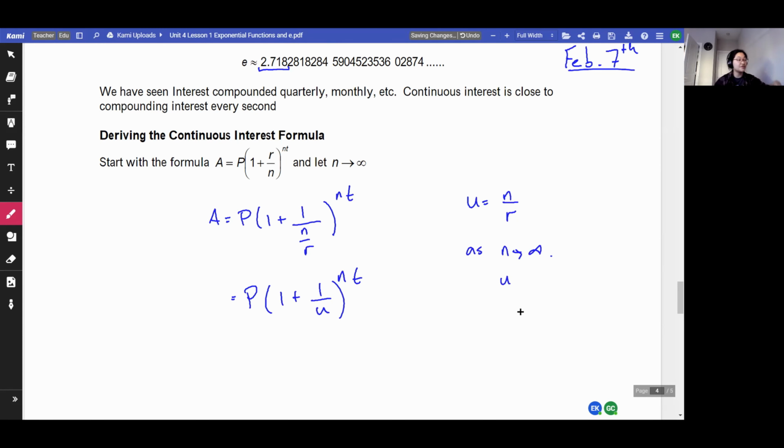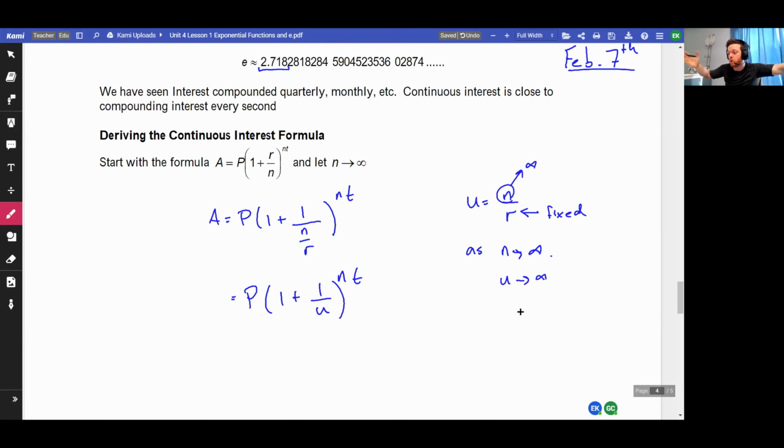U also goes to infinity because N is growing our numerator really, really big. So the numerator is a really big number divided by some R, which is a number, it's fixed, right? So U also goes to infinity. This is good because we need the U to go to infinity as well. So as N goes to infinity, U is also going to infinity.